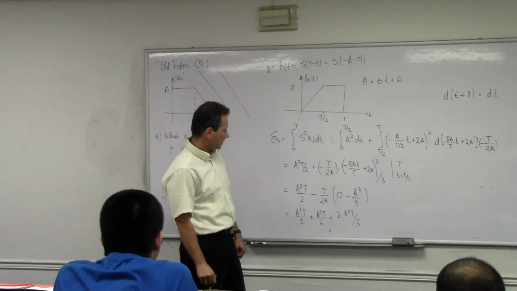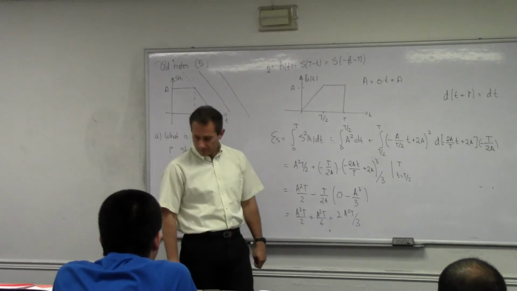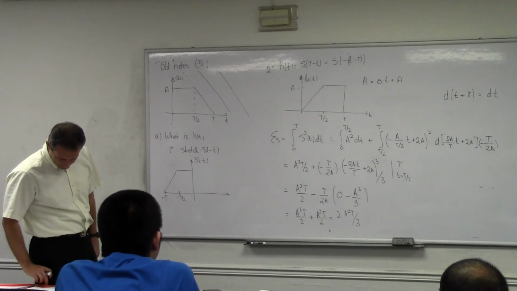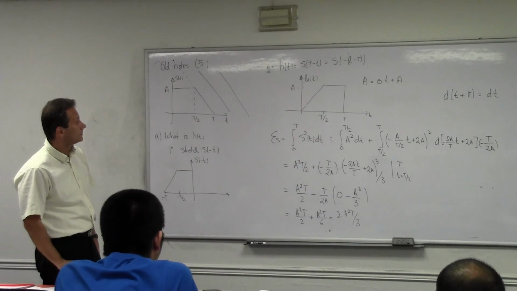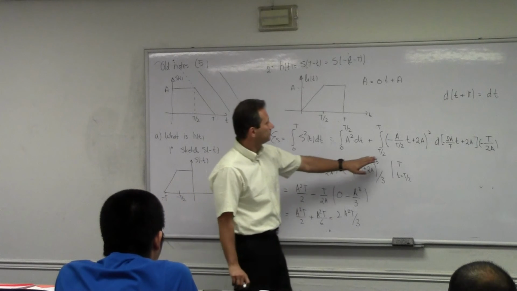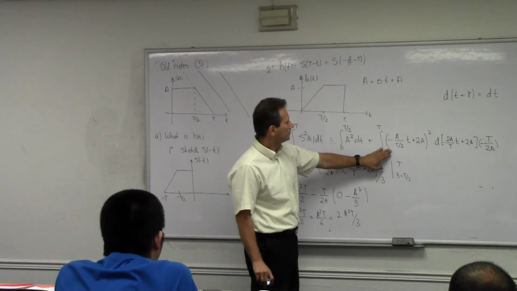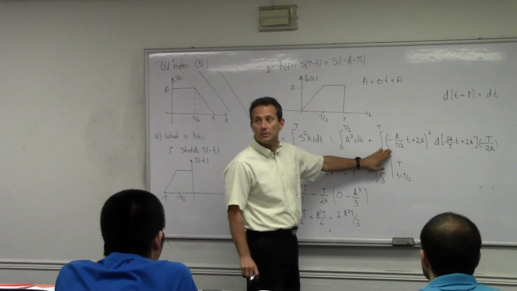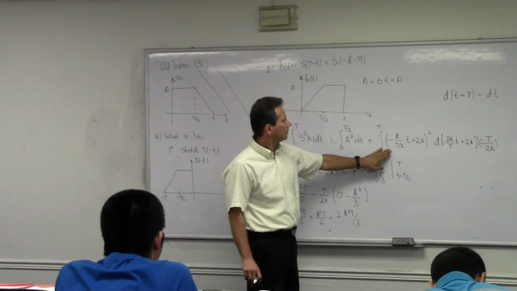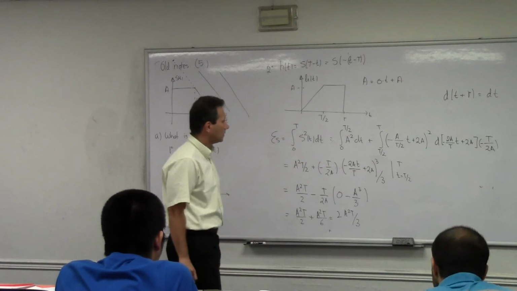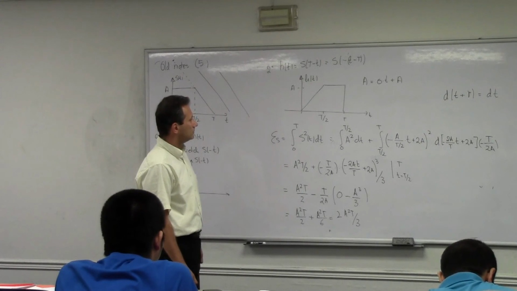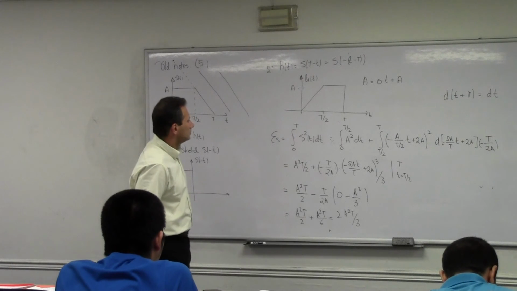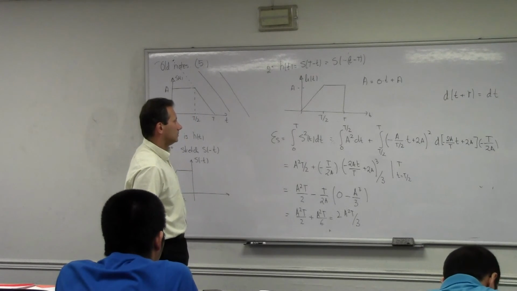So where did I make a mistake? Which one is it? a squared to s squared. To s squared for this one? Yeah. 2a. Should it be a square or not?